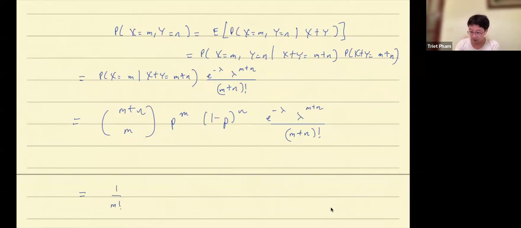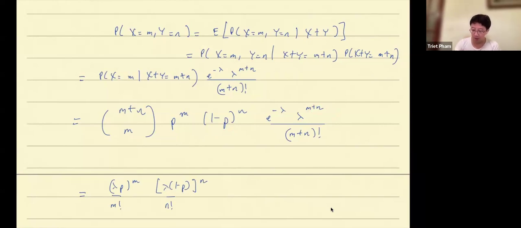And then the P and the lambda go together to give you lambda times P to the M. Similarly, you have 1 over N factorial from the remaining term here. You have lambda times 1 minus P to the N.